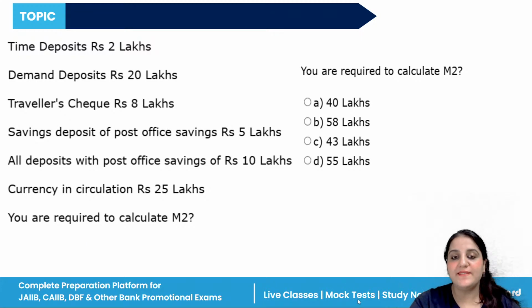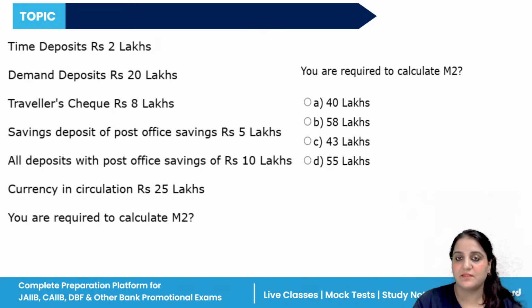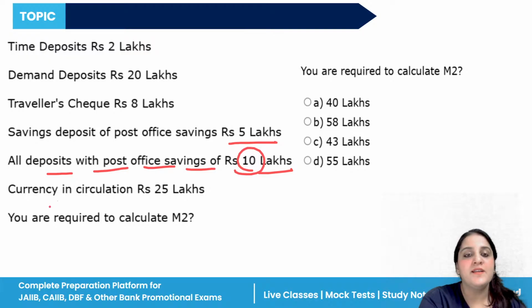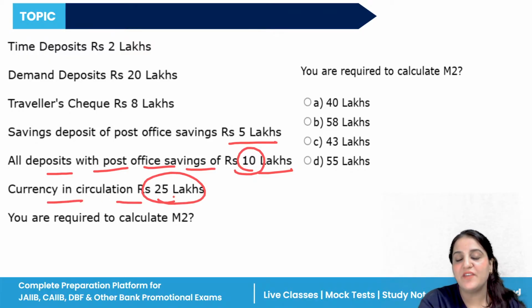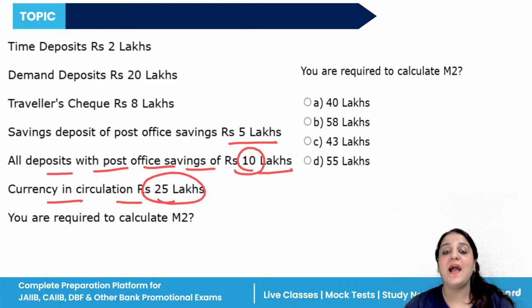Okay, so let's start with the question which is on your screen. Time deposits are given, demand deposits are given, traveler's checks are given, savings deposits of post office savings are given, all deposits with post office savings of rupees 10 lakh given, currency in circulation rupees 25 lakh given. Now you have to calculate the M2 here.